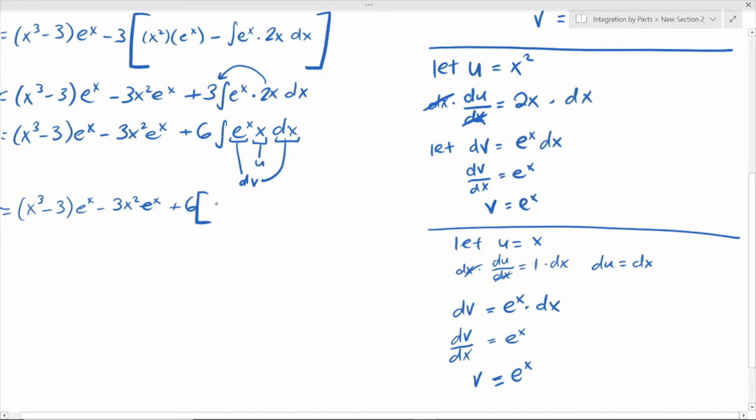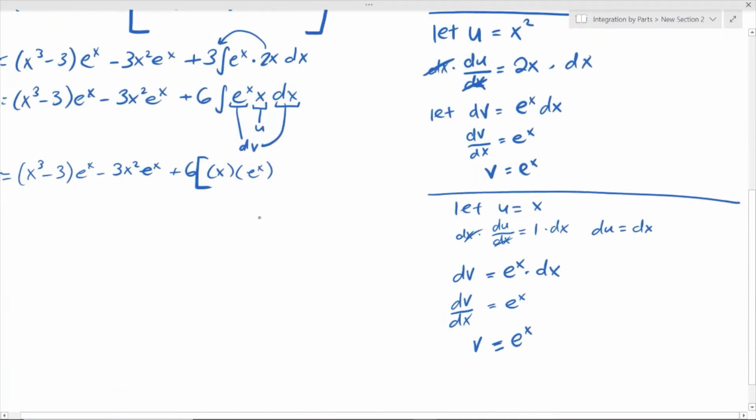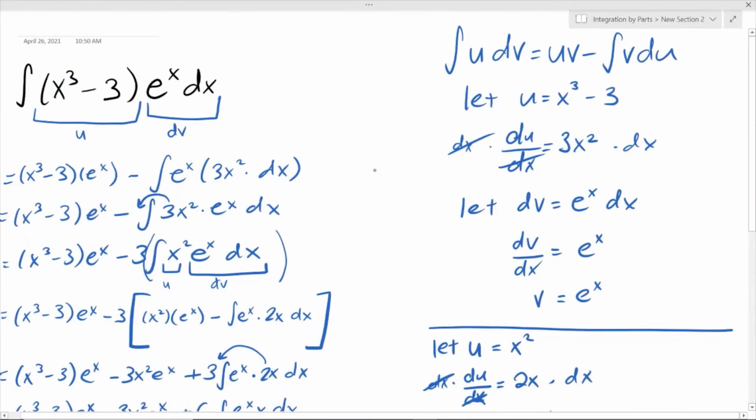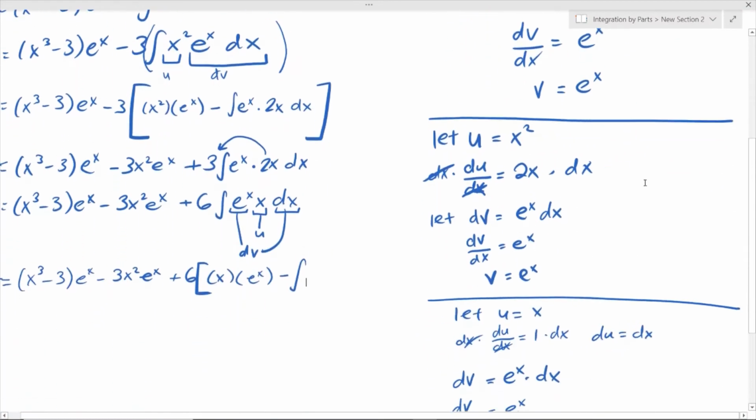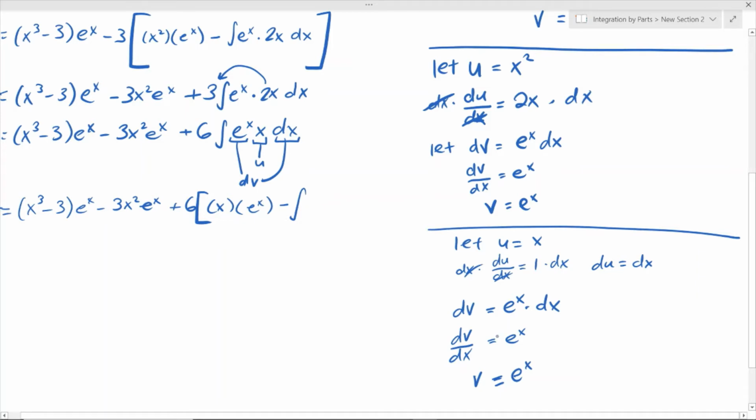So I'm going to sub in my u times my v, which is e to the exponent of x. Good, now we have to subtract the integral of v. Because here says v, I'm going to write v in right here. So v is going to be e to the exponent of x.